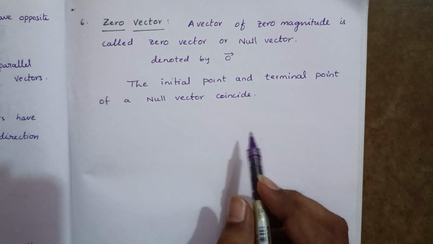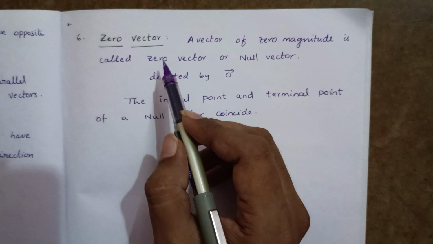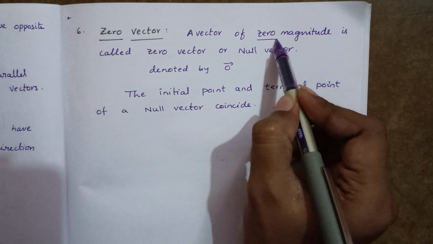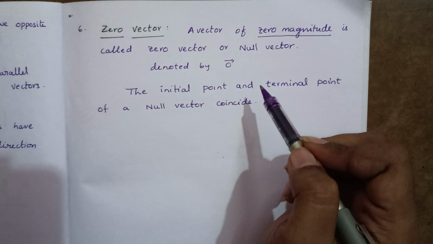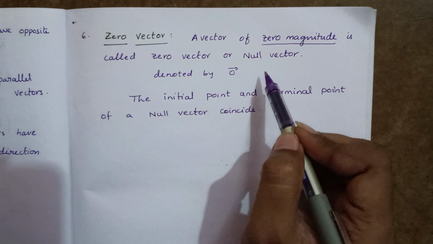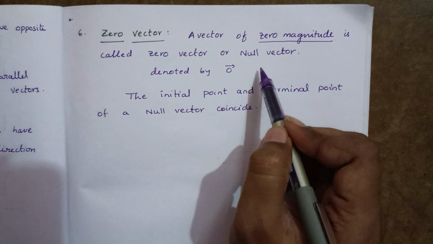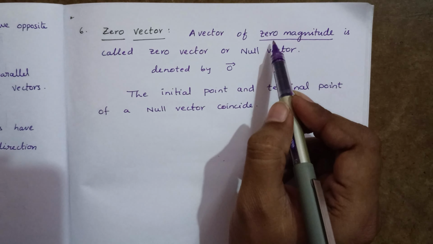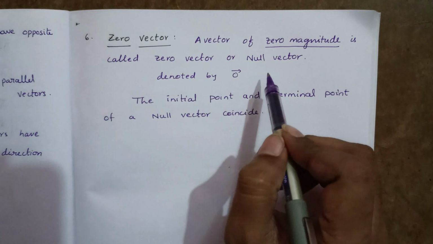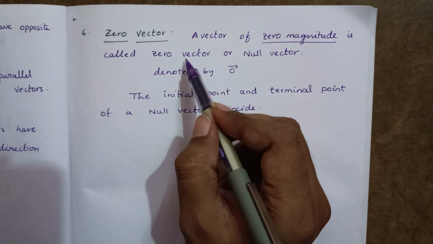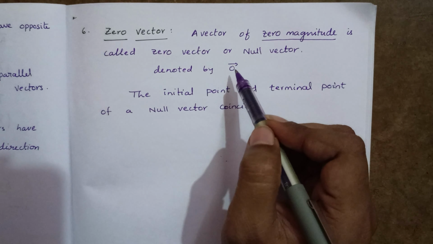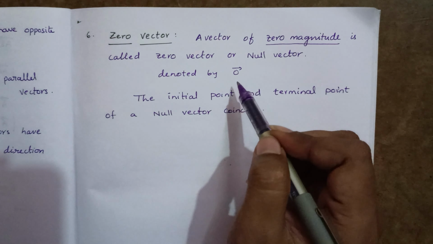Next one is zero vector. If a vector has zero magnitude, it is known as a zero vector or null vector. Previously we saw unit magnitude: if magnitude is 1, unit vector; if magnitude is 0, zero vector or null vector. A null vector or zero vector can be denoted by O bar.